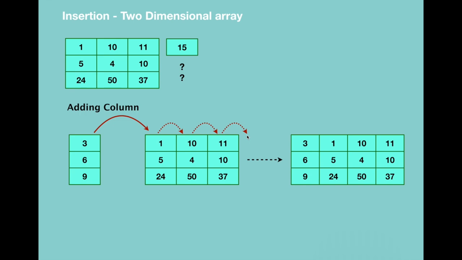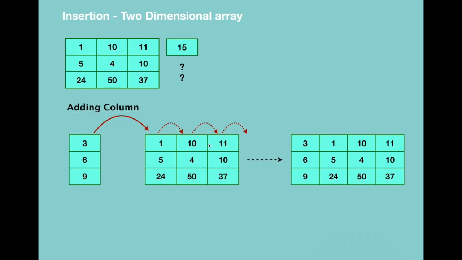So as you see, this is a very time consuming operation, because every time we add a column at the beginning of a two-dimensional array or in the middle of it, the next columns have to move one step right. So every time this will take so much time.